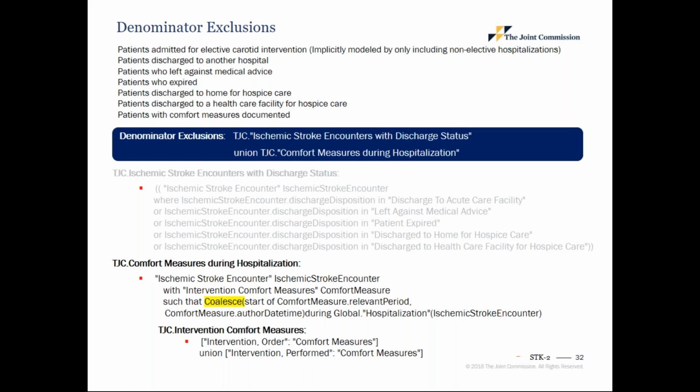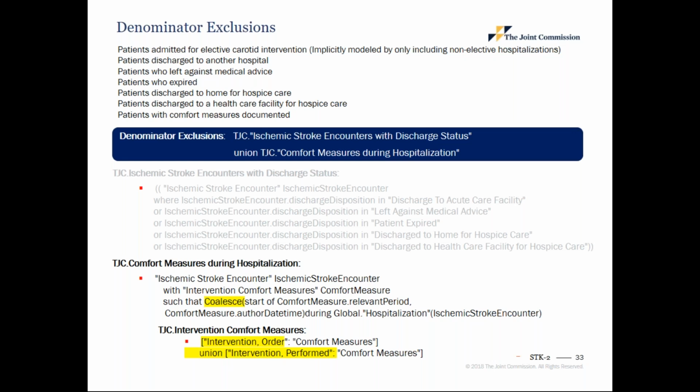So first, coalesce. It's a CQL operator that allows for if-then logic. And we apply that condition to the intervention order or the intervention performed data type, as you see highlighted here, where either one would meet the condition.